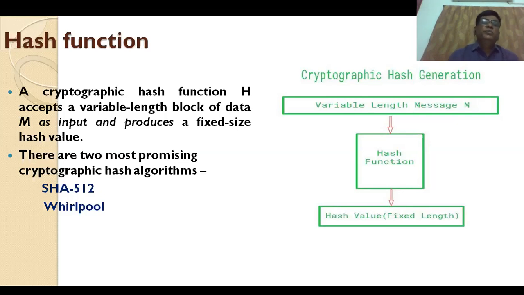Actually, this cryptographic hash function H, here we can assume any cryptographic hash function, accepts a variable length block of data. That means the input to the hash function is a variable length message.